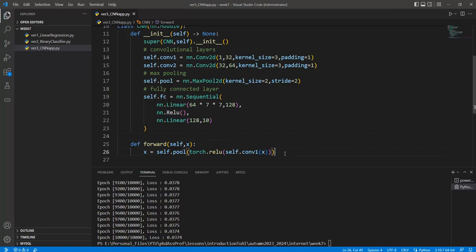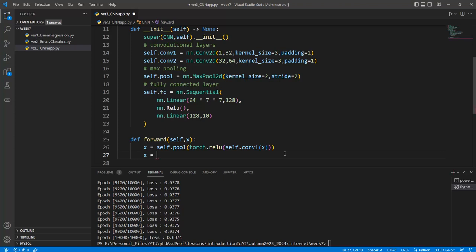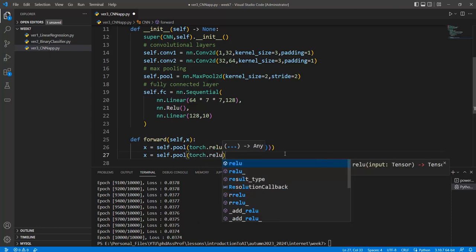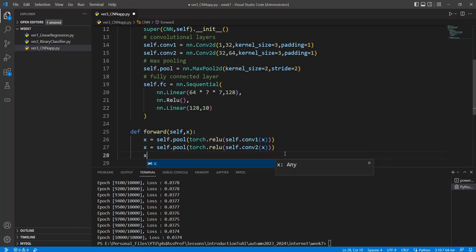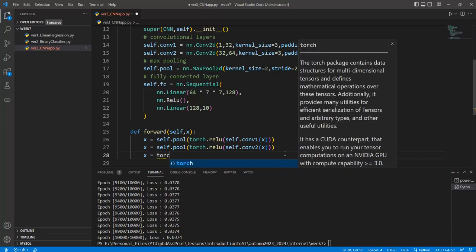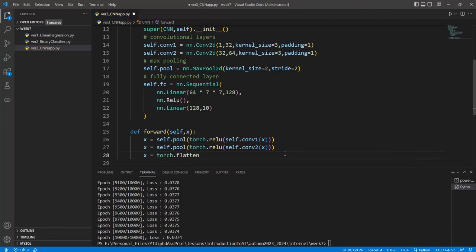And after that, we can also assign the self.pool like this one, torch.relu and self.conv2(x), right? And after that, we need to give the torch.flatten. Just remember, what's the flatten?